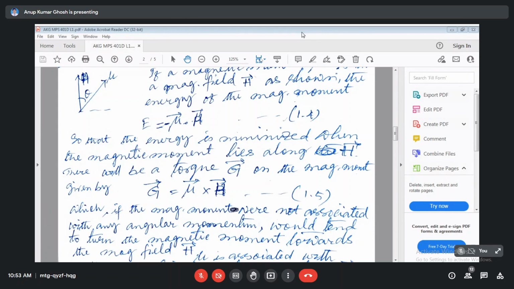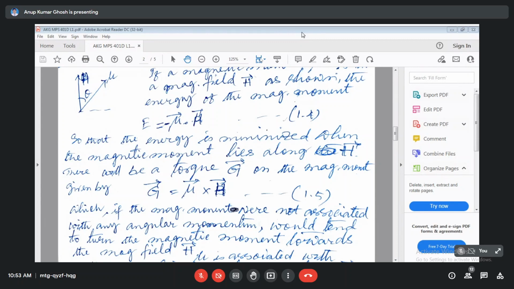Now, due to this magnetic field, there will be a torque G on the magnetic moment given by G equals mu cross H. So two things are associated.